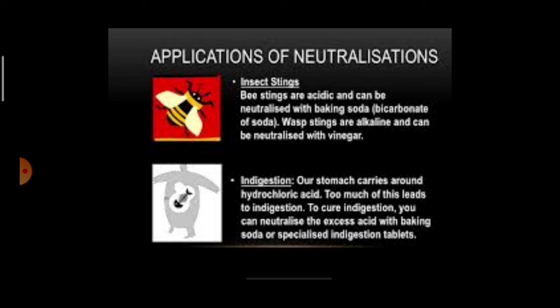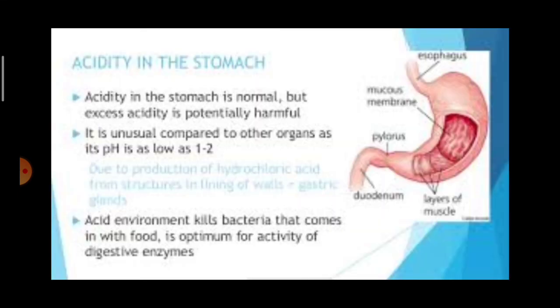Hydrochloric acid is already there, but if too much acid is produced in the stomach, that causes indigestion. So excess acid can be removed using a base. Acidity in the stomach is normal, but excess acidity is harmful.